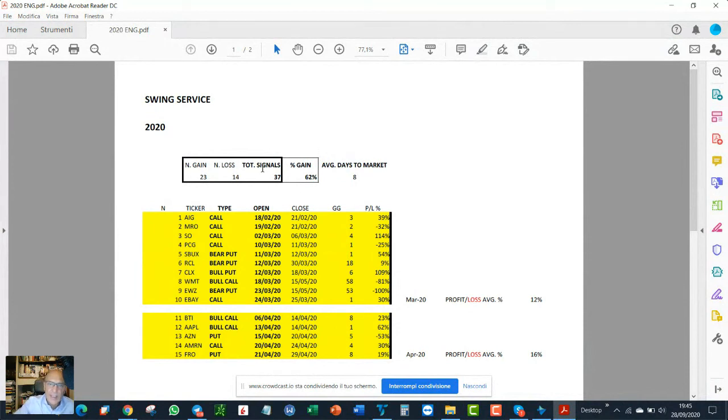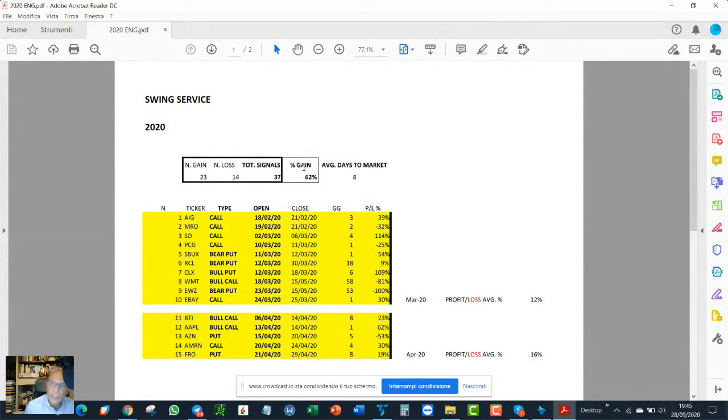The average gain that we had on the position was 62%. What does it mean, the average gain on the position? It means that if we have a position of 250, which is the risk that I showed you before, the 5% on a 5K account, we made about $140 in profit on that position on average.